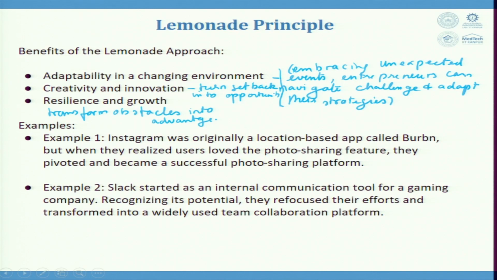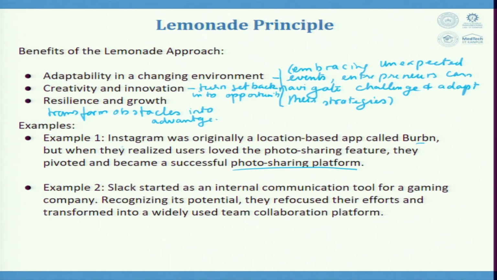Okay, examples: Instagram was originally a location based app called Brunch, but when they realized users loved the photo sharing feature, they pivoted and became a successful photo sharing platform.